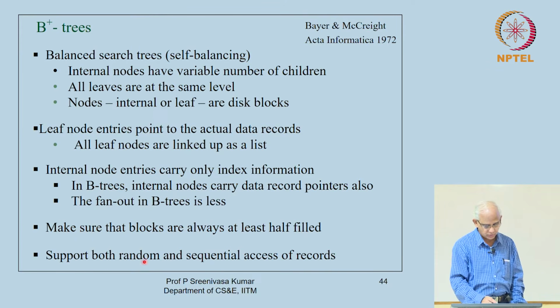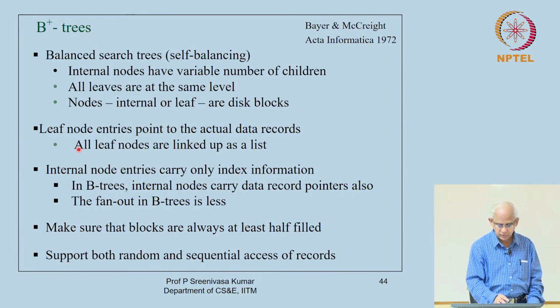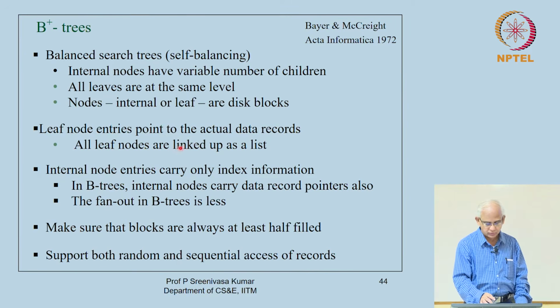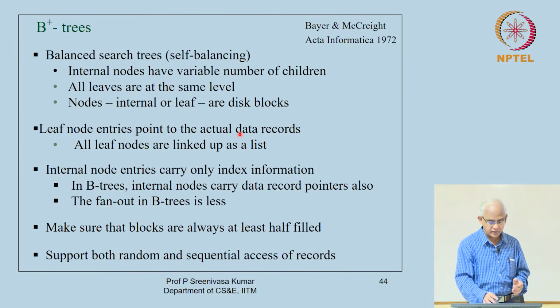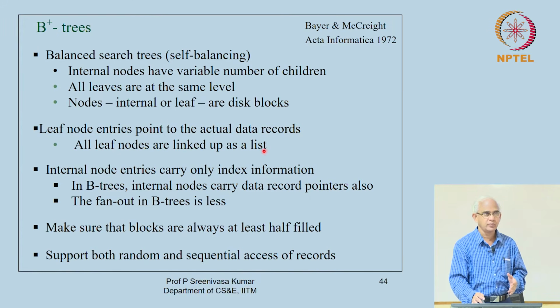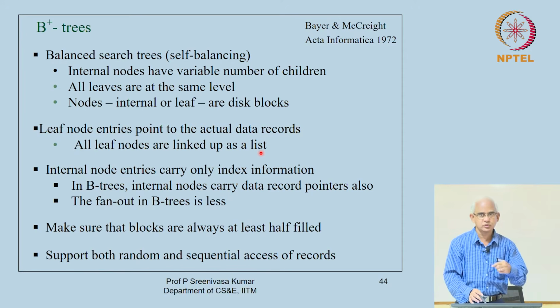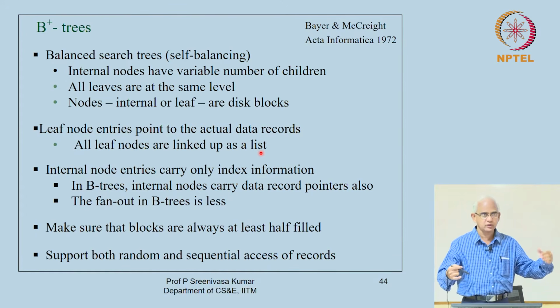Now, because all the leaf nodes are the ones that actually have the data record pointers, we have an additional feature in the tree saying that I can chain up the leaf nodes. The leaf nodes are at the last level, right.